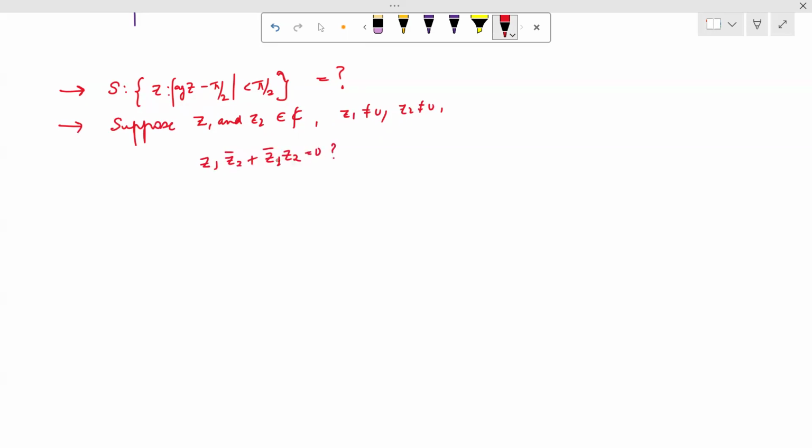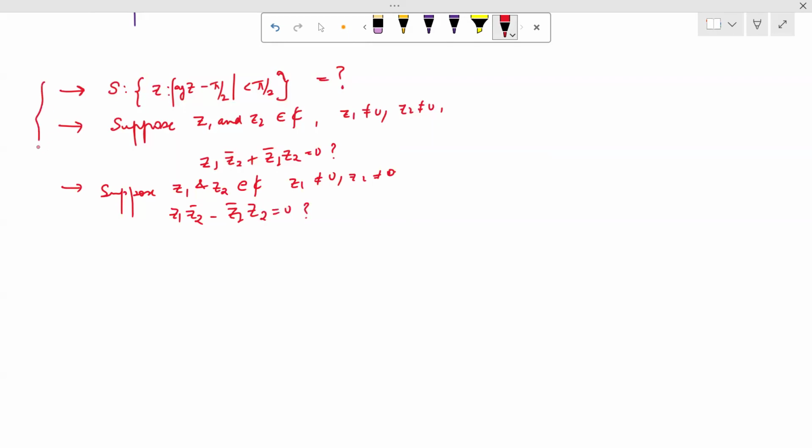Also, suppose Z1 and Z2 both belong to complex numbers, and both are non-zero. If I'm writing Z1 Z2 bar minus Z1 bar Z2 equal to 0, what does it represent?